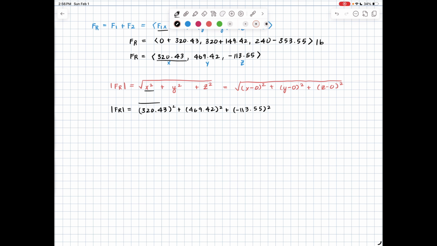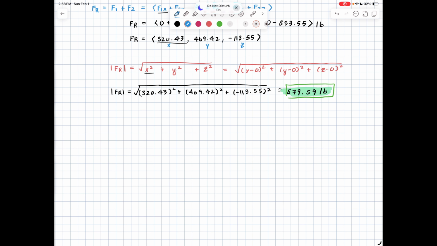And taking the square root of that, so I'm going to plug this into my calculator. So square root of 320.43 squared plus 469.42 squared plus negative 113.55 squared is going to give me 579.59 pounds. And this is the magnitude for my resultant vector.